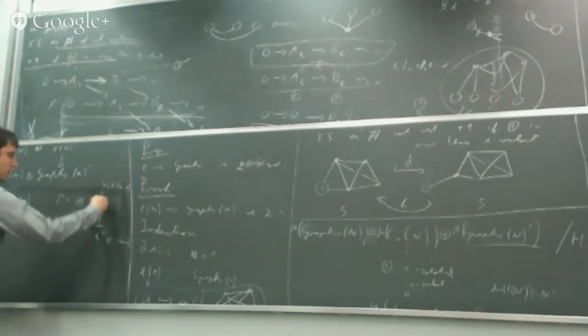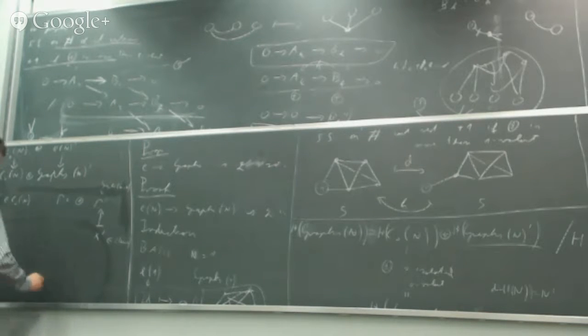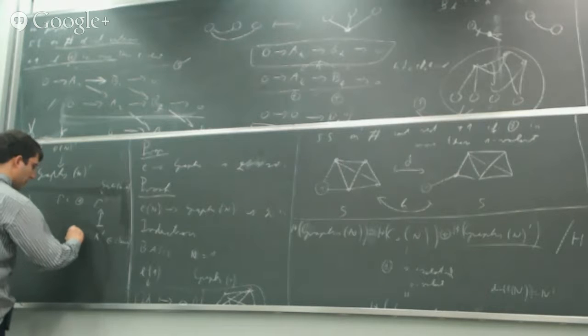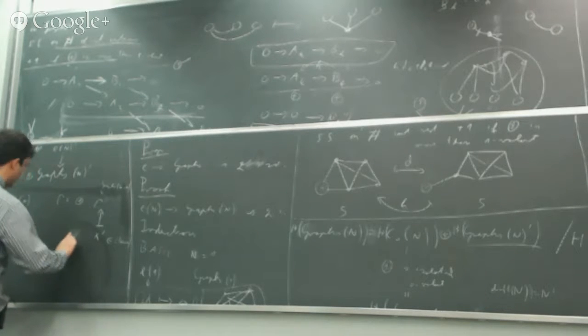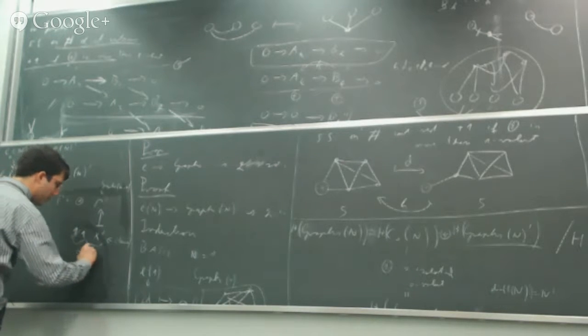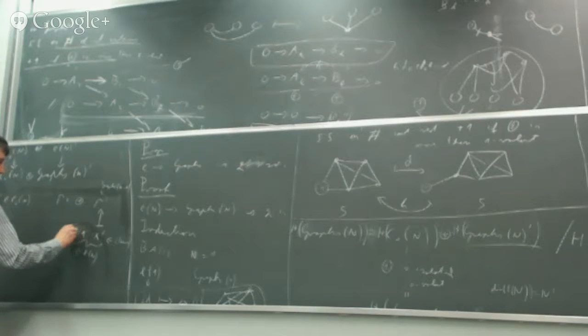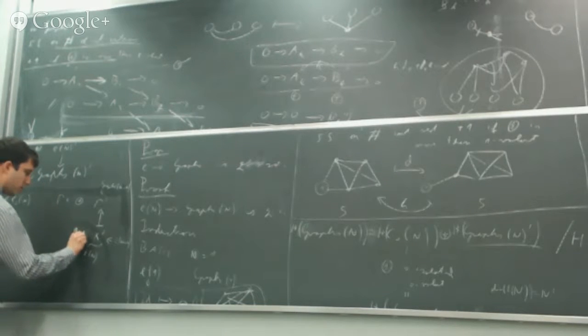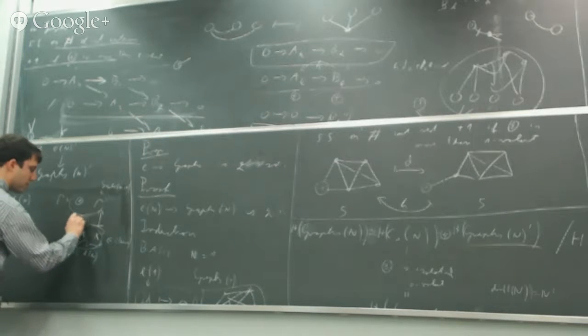It's not mapped here, but it's mapped to its class. And then obviously 1 wedge this, which is now in En, is mapped to this.